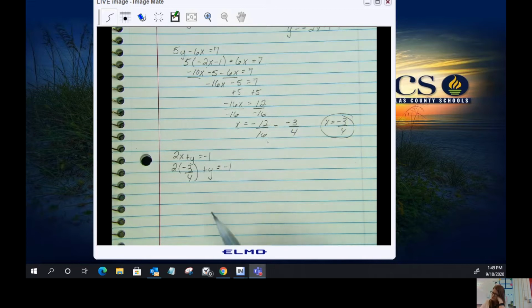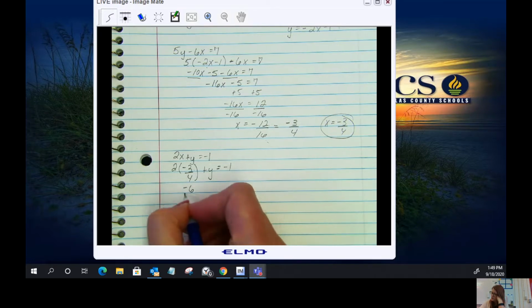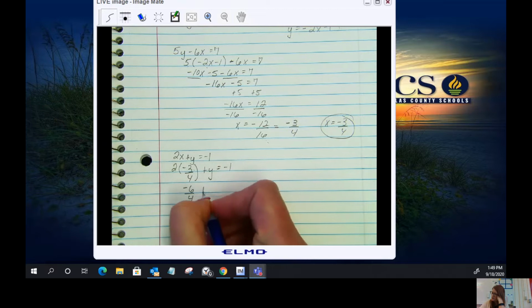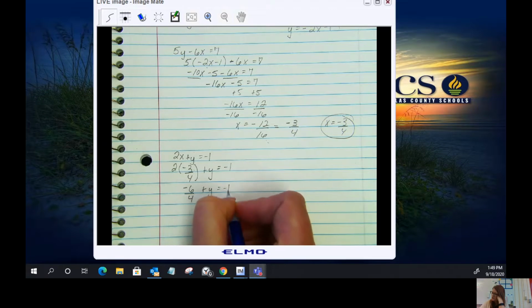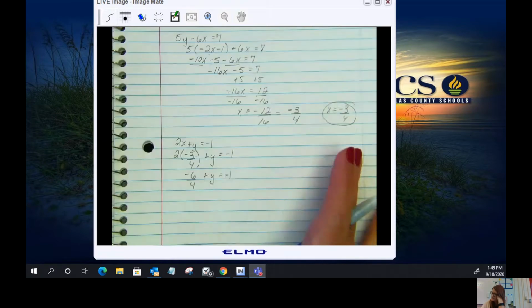How much do we want to simplify here? Let's just run with it. Let's just multiply across. We have -6/4 plus y equals -1. You could, of course, reduce at this step. We're just going to save it for later.